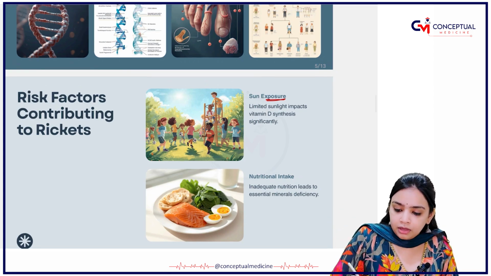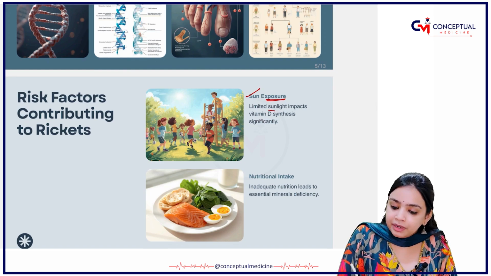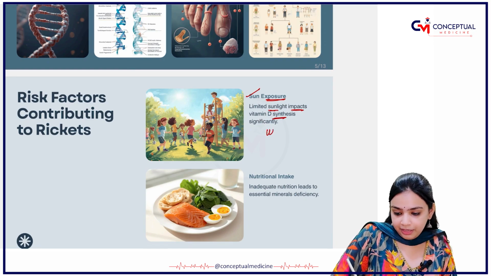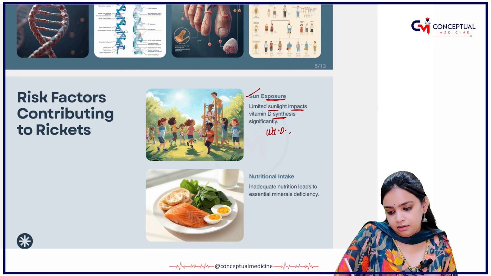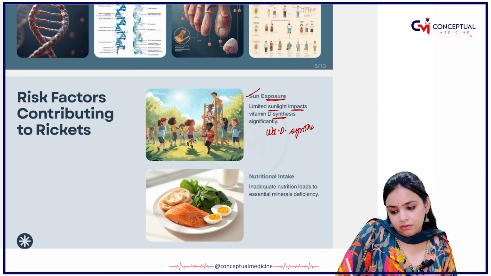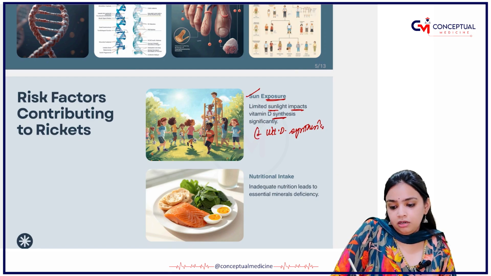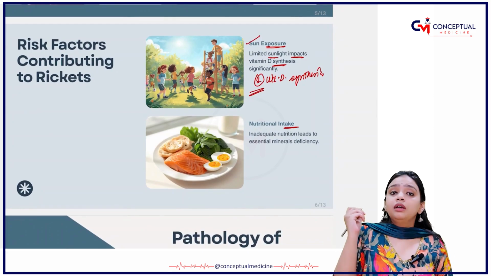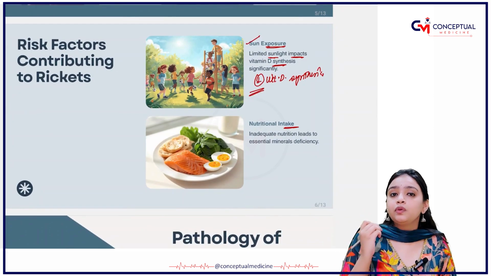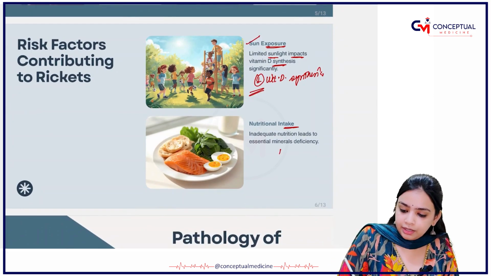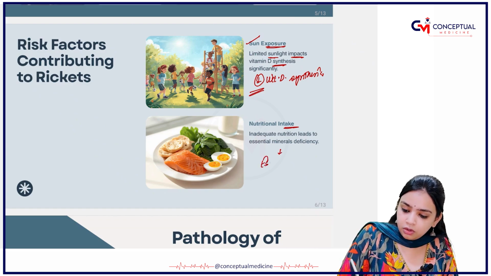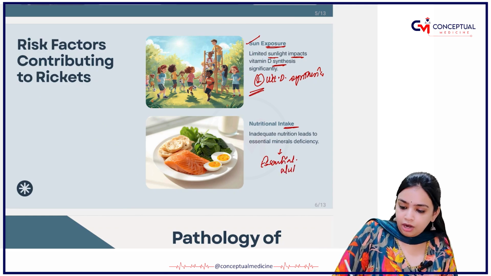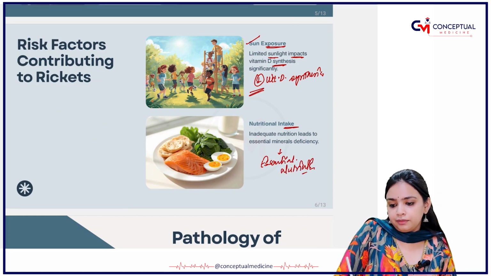When there is limited sunlight exposure, that leads to a decrease in vitamin D synthesis. Next, there is inadequate nutritional intake, like the patient is not having the essential nutrients that are required for the body.